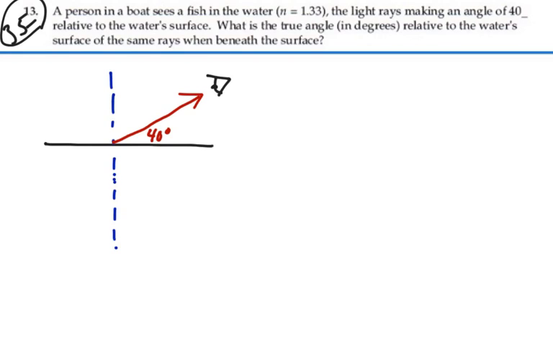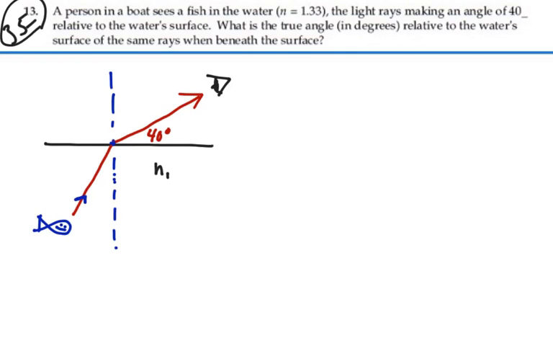So they're going to be watching this, and the light ray is actually originating from a fish that's in the water. So the light is coming from the fish, refracting as it's going from water to air.